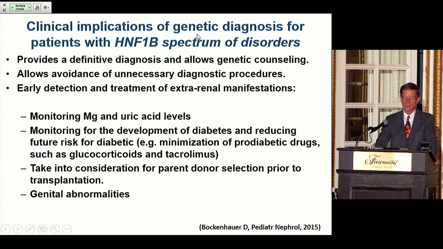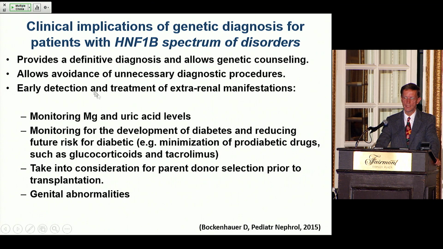Clinical implications for diagnosing HNF1 beta spectrum disorders can include that it provides a definite diagnosis and allows genetic counseling for these families, which can be very important for planning of living-related donor transplantation. It allows avoidance of unnecessary diagnostic procedures because it leads right to the cause of disease.